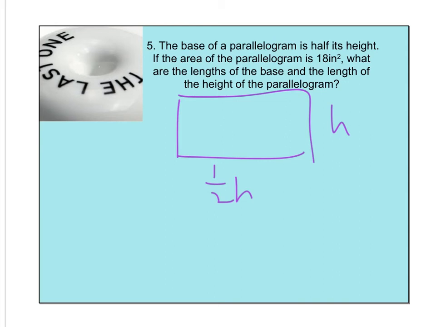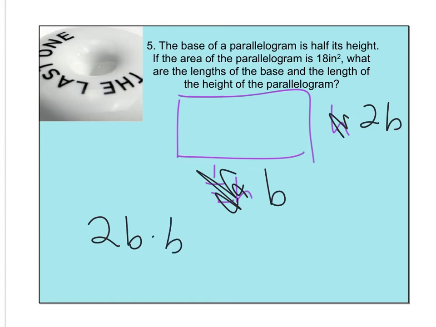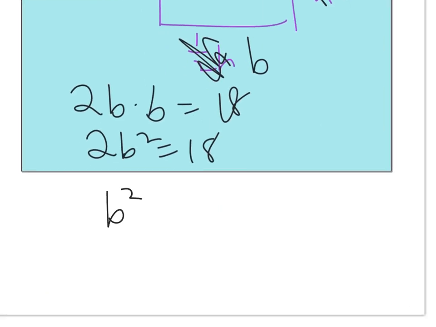So if I flip it around and I do this, so you know what? If I go b, then the base is half of this, so that's going to be 2 times b. So that's 2 times b equals 18. So 2b squared equals 18. So b squared equals 9. b equals 3.